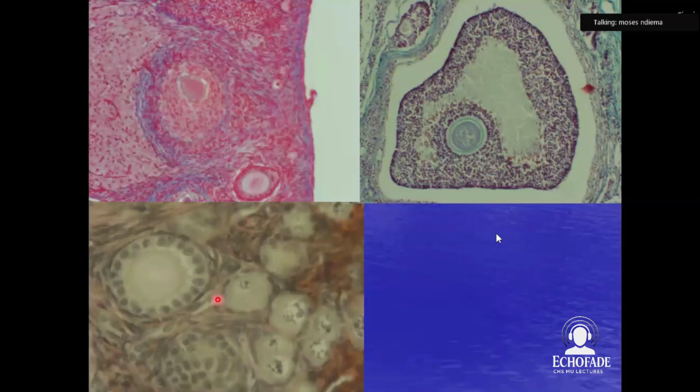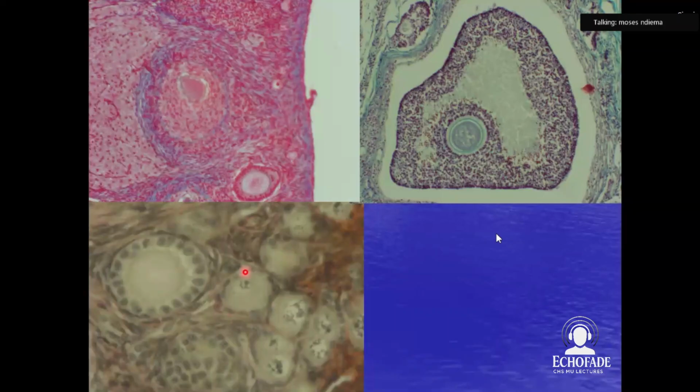This single layer of squamous cells is what we refer to as the follicular cell. The follicular cell rests on a basement membrane, separating it from the theca interna.